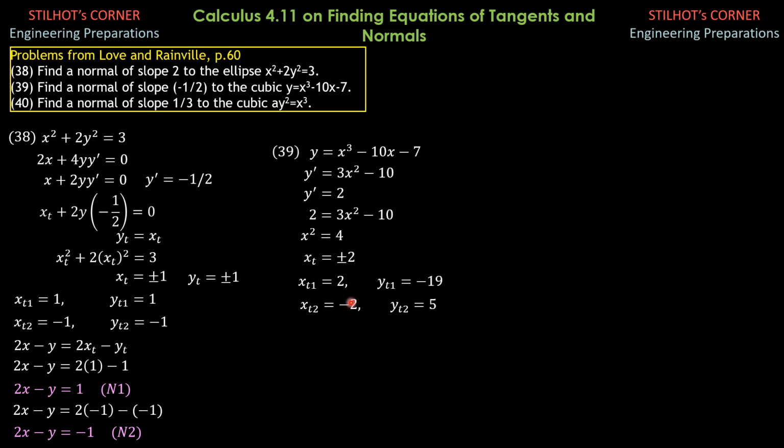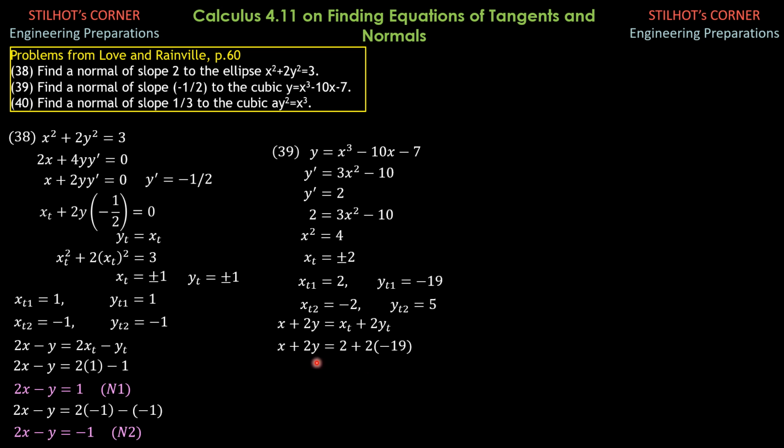So the expected equation of the normal, the slope of the normal being negative 1/2, is x plus 2y equals x sub t plus 2 y sub t. That's the expected equation of the normal. So for the first point of tangency, 2, negative 19, x plus 2y equals 2 plus 2 times negative 19.